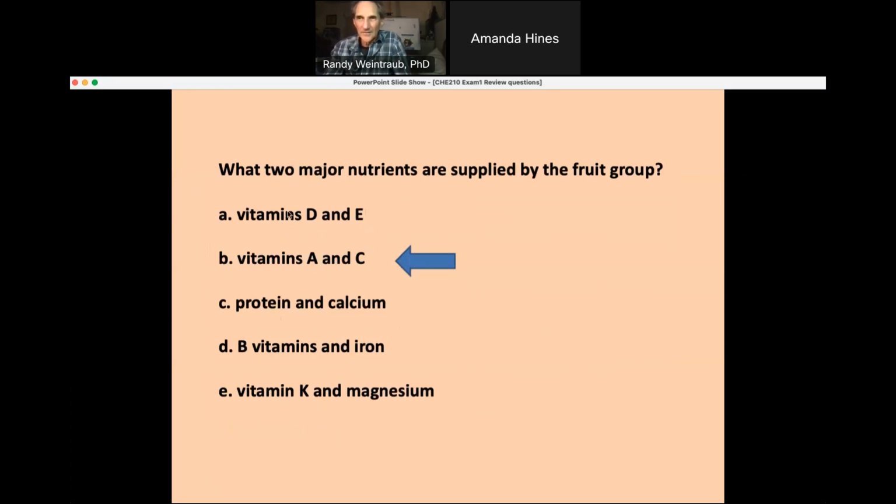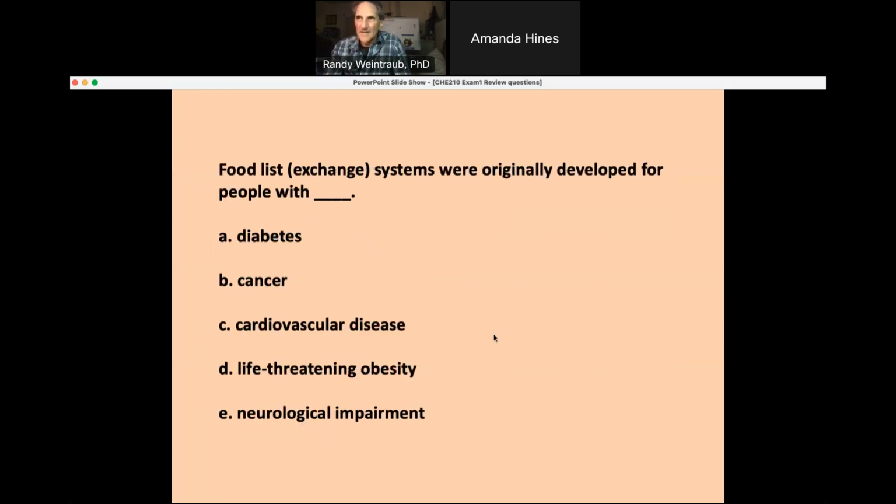Fish oils, so fish, seafood. This is just mentioned somewhere along the line. Food lists, exchange lists. These are in control or treatment of diabetes.